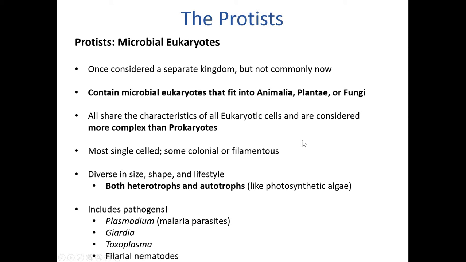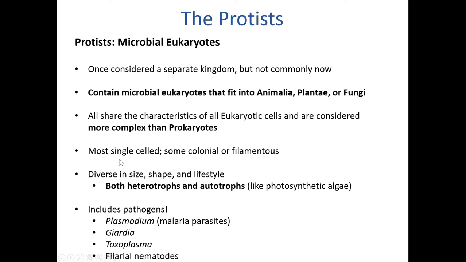While we consider them one group because they're all microbes, they actually don't resemble one another as closely as they do organisms within either animals, plants, or fungi. So the protist is not necessarily a kingdom, it's just this separate grouping of all the microbes within Eukarya.